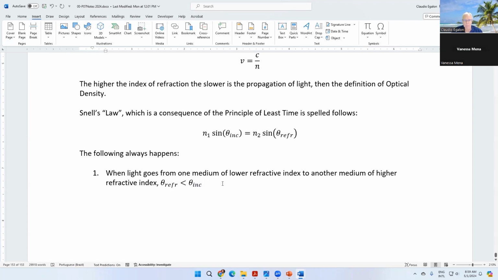And that's a consequence of this formula here.